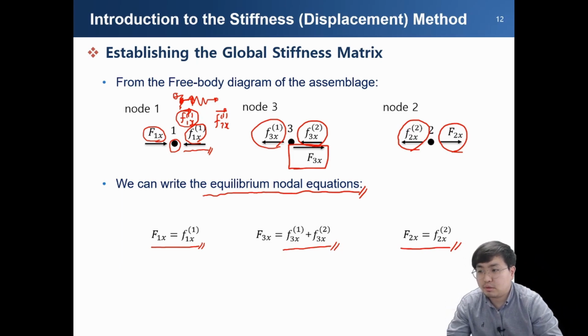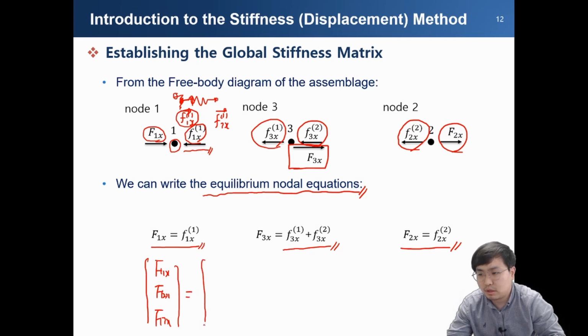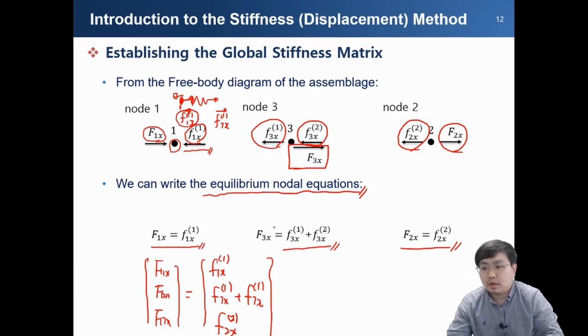So how can you assemble those equations into vector form? Here, F1x, F2x, F3x. Our final goal is the assembled equation. So here, F1x1, F3x1, F3x2, F2x2.